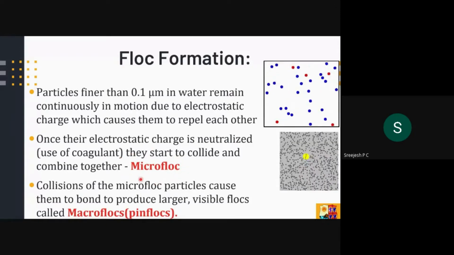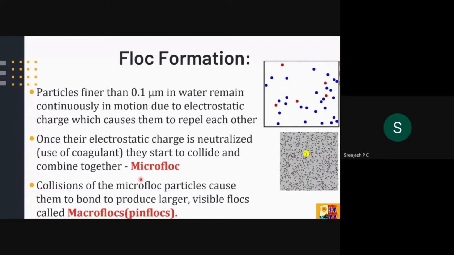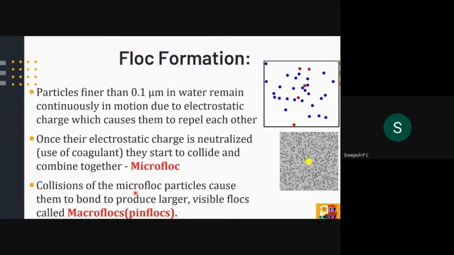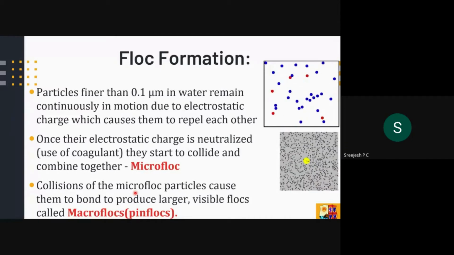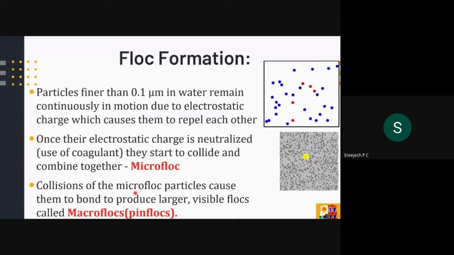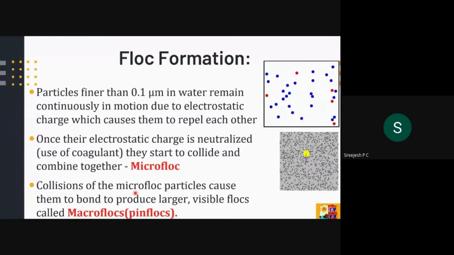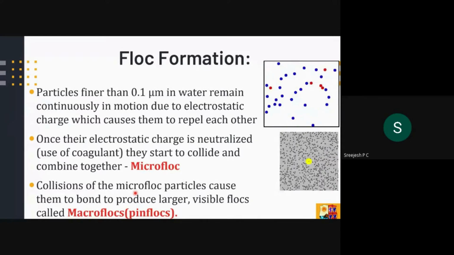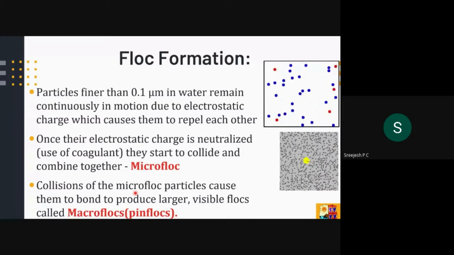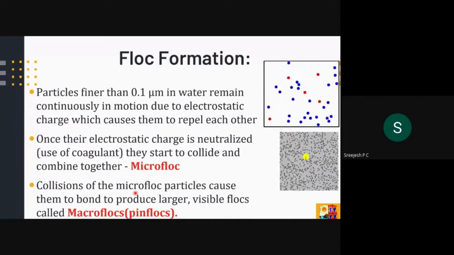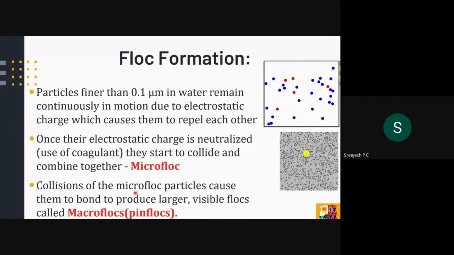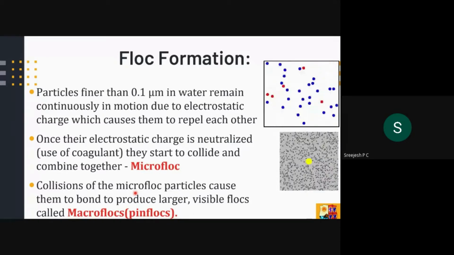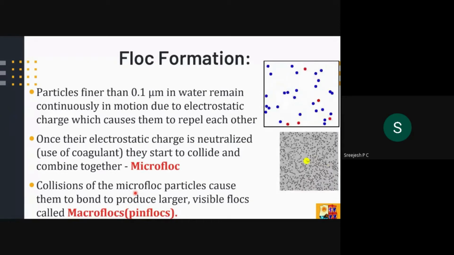Now, we either add the flocculant or provide the gentle mixing to combine these microflocs. I told you the microflocs are still small, microscopic in size. Now what we need to do is make them larger flocs, which can sediment to the bottom or be easily separated through centrifugation or filtration.